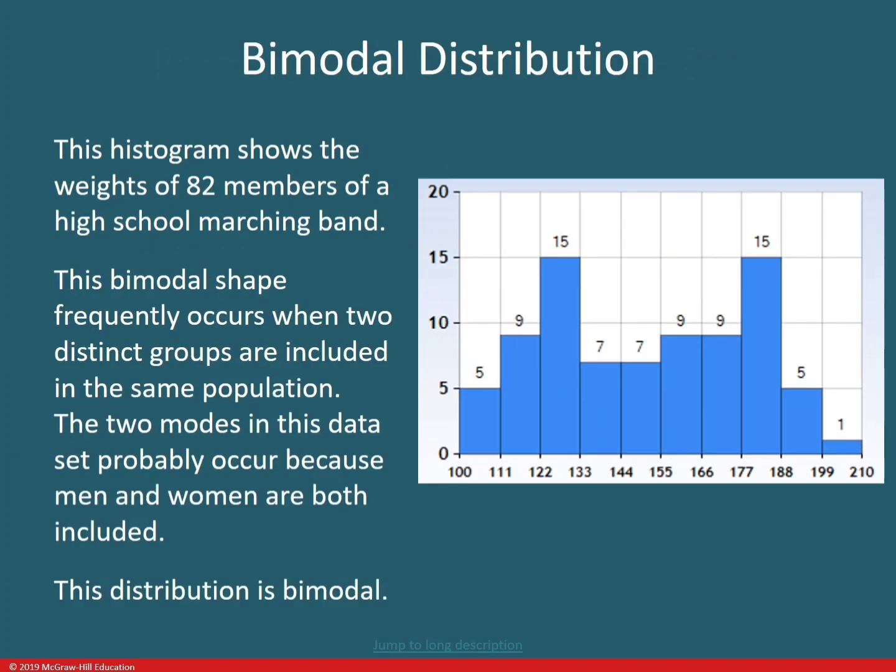And a bimodal is a distribution with 2 modes, because if you look at your classes, a bimodal, and we're going to see this in chapter 3, is data that has 2 modes. So a mode is a number that repeats more than once, right?